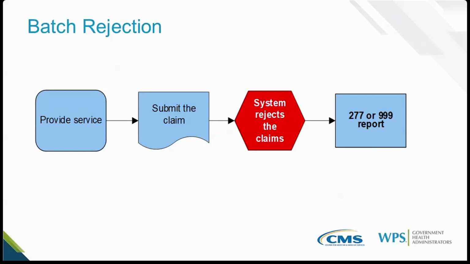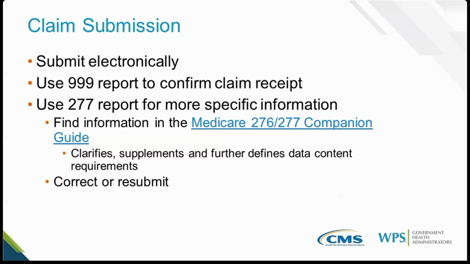Of course, you'll provide the service. You submit the claim. Most of you submit it now electronically. And the system will either let the claim in the door, as we like to say, or reject that claim. And what you need to do is check reports. Those are the 277 or 999 reports.